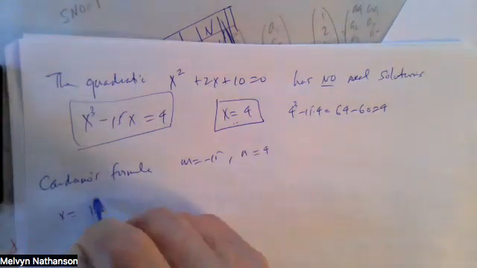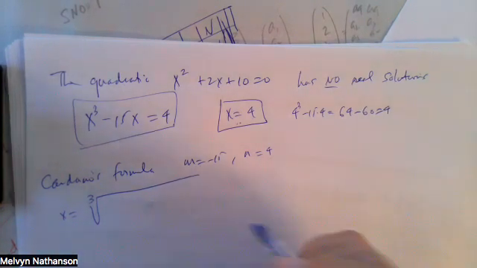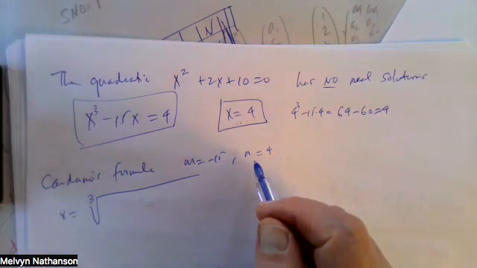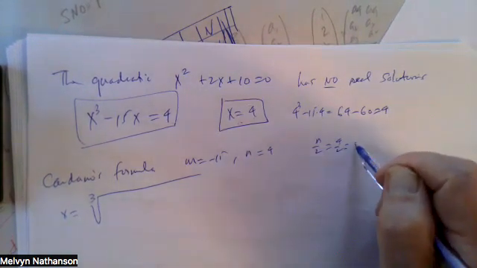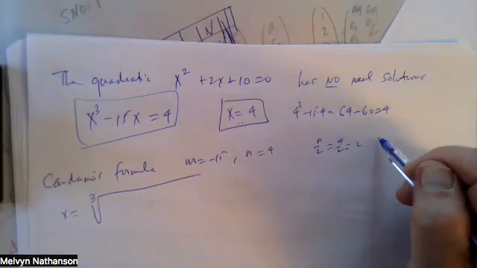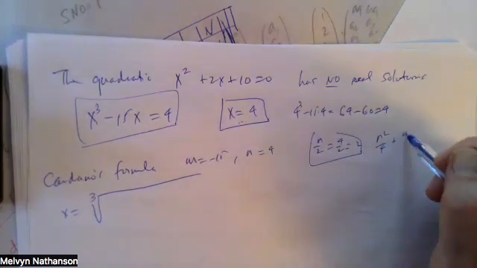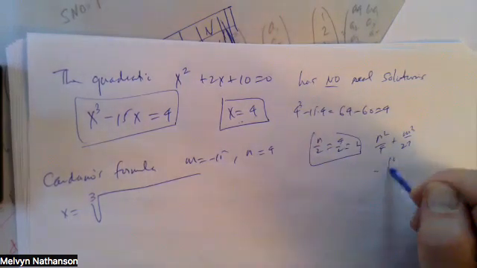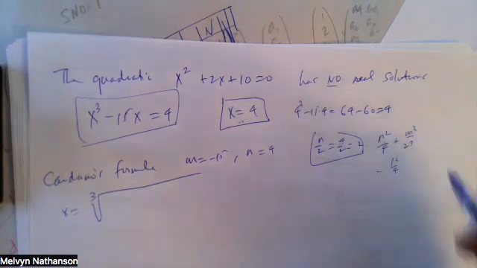So we have the solution x is the cube root of n over 2. n is 4, so n over 2 is 2, and n squared over 4 plus m cubed over 27 is, let's see, n squared, that's 16 over 4. m cubed, what is 15 cubed?